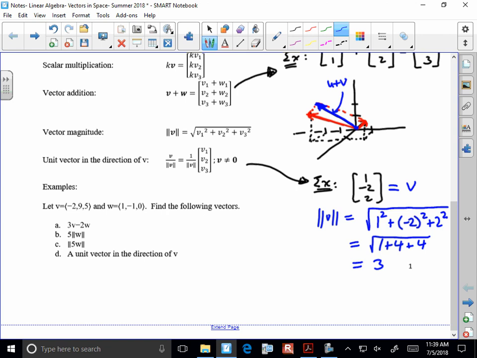Okay. Anyway, if I want my unit vector in the direction of v, it would be each one of the components of that original vector divided by the magnitude. So 1 over 3, negative 2 over 3, and 2 over 3.